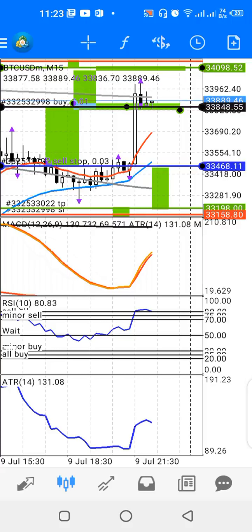Now if your 0.08 also gets triggered, that means you have 3 running trades. The first one is your 0.01 on this black line. The second triggered trade is your 0.03 on this blue line. The third triggered trade is your 0.08 on this black line. You must have the last and final pending order, which is 0.24 on the blue line.